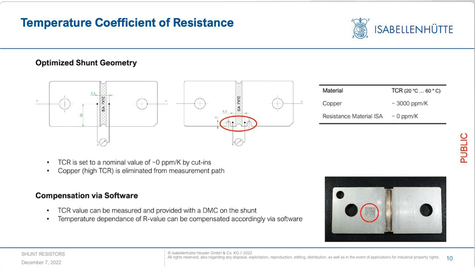Thus, our customer can read from this label the very precise initial value, as well as the TCR of that individual resistor, and compensate by software in the application for the TCR. This enables the customer also to have a very precise current measurement in terms of TCR compensation.